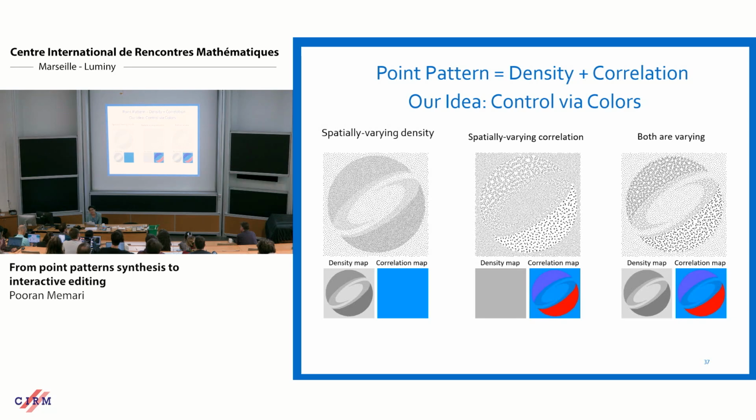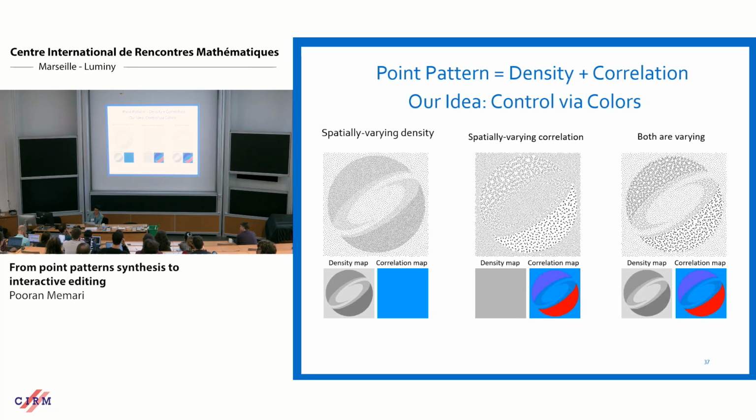That would be a kind of change of space where, in order to edit a point pattern, you can transfer it to the space of images, use popular image editing software such as Photoshop, etc., and then come back to your space of point patterns. So how can we do that?